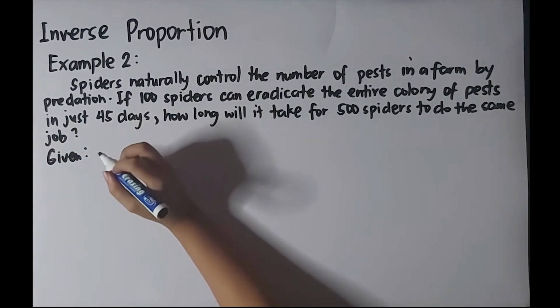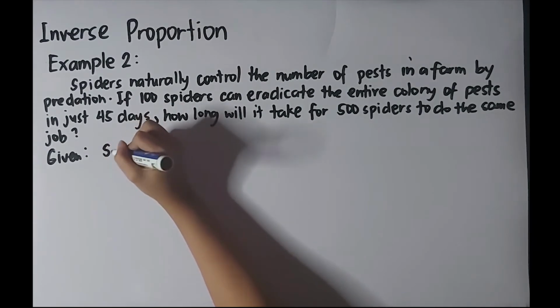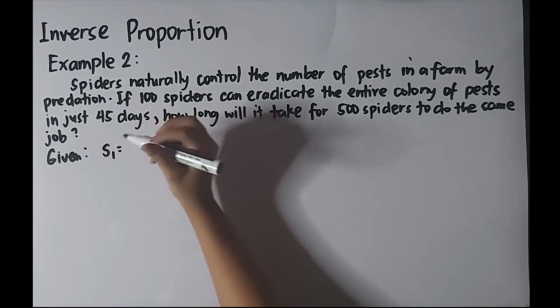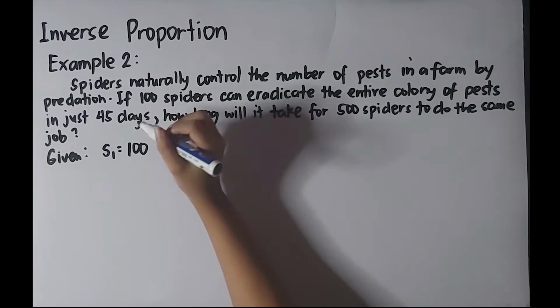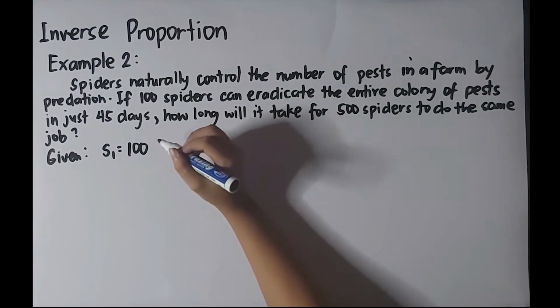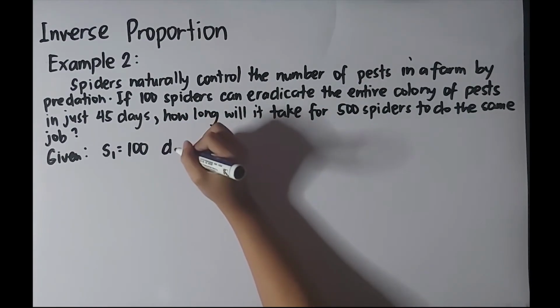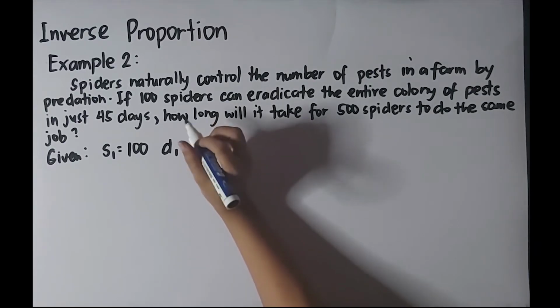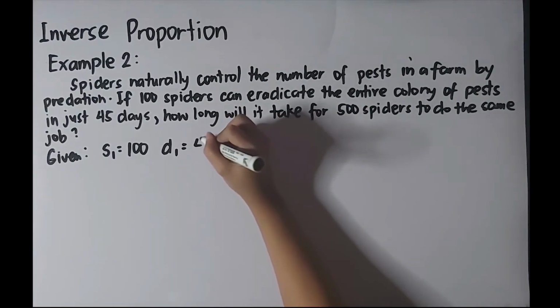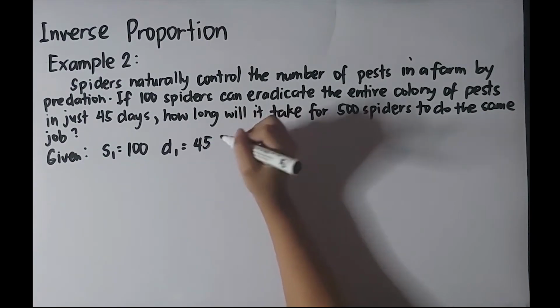So given, we have spiders, S1, let's say 100. The number of days they are going to eradicate, let's say D1, to do the job, so we have 45 days.